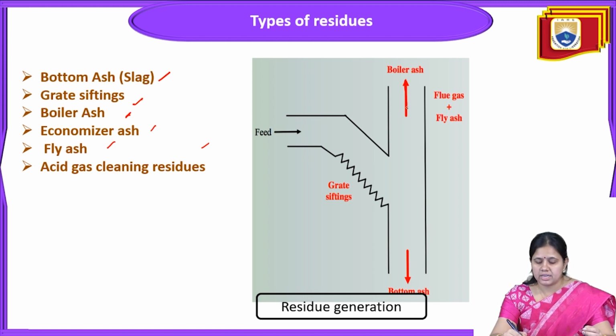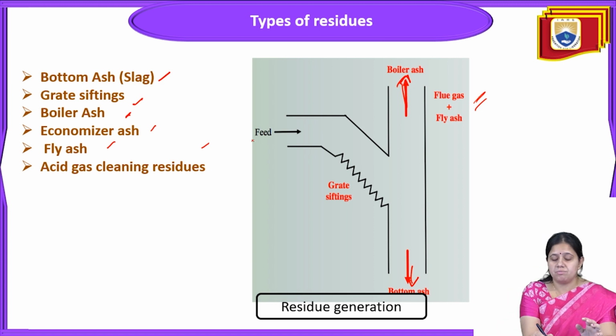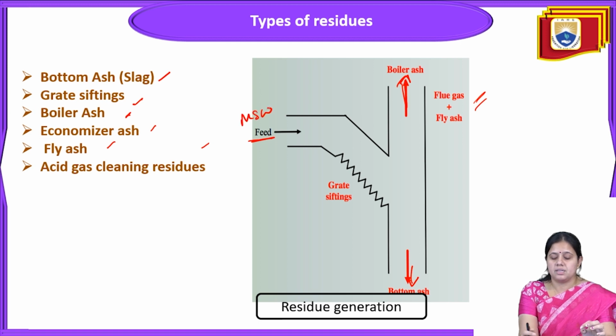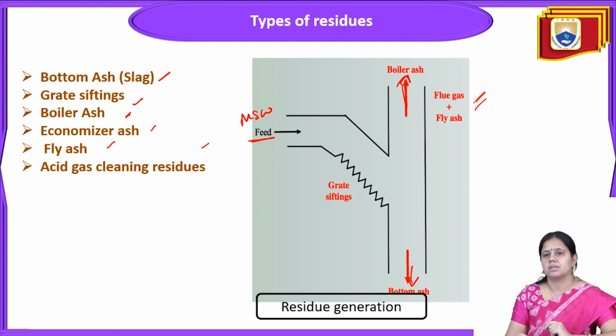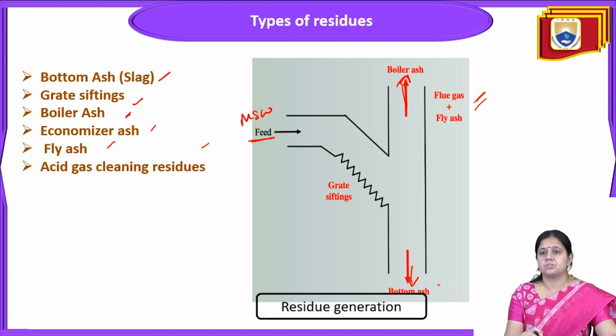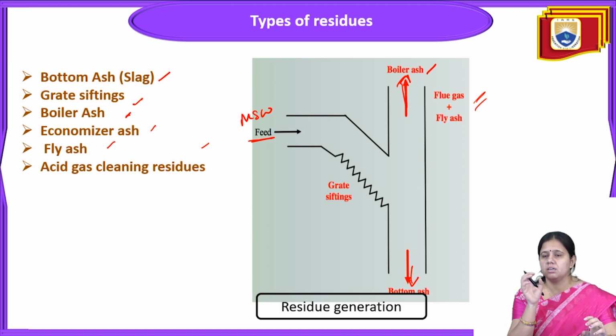So this picture shows how the residue is generated. Here boiler ash comes out and bottom ash is collected. Flue gas plus fly ash is there. We feed the MSW from here, and after passing through the grate siftings, some bottom ash is collected and some boiler ash is collected.